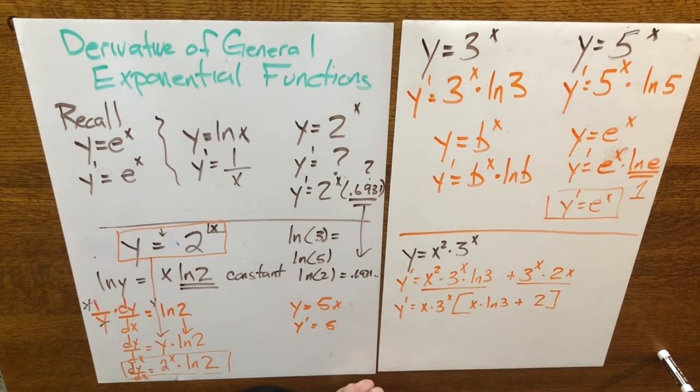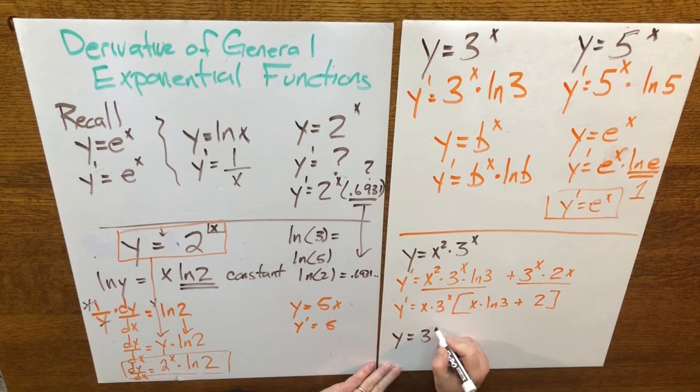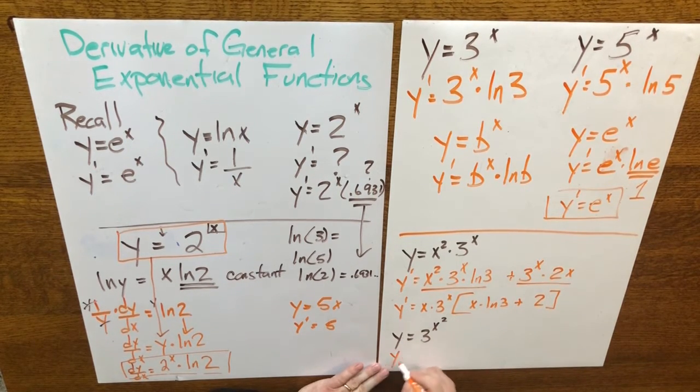If the exponent gets complicated, y equals 3 to the exponent x squared, then the derivative will look like this. Y prime equals 3 to the x squared times ln 3, and then times the derivative of the exponent.